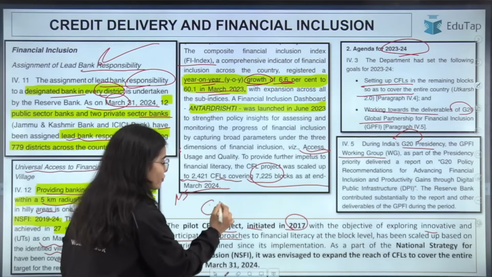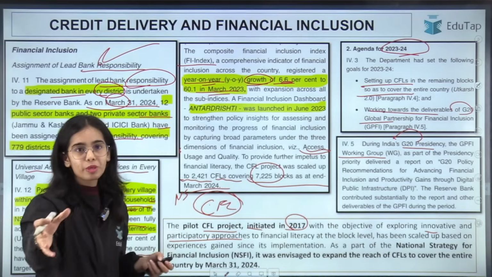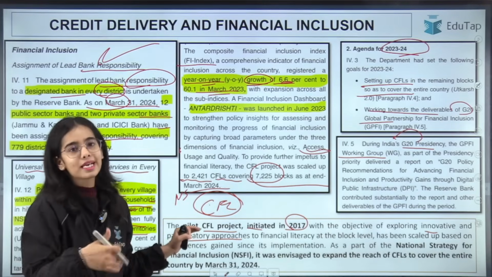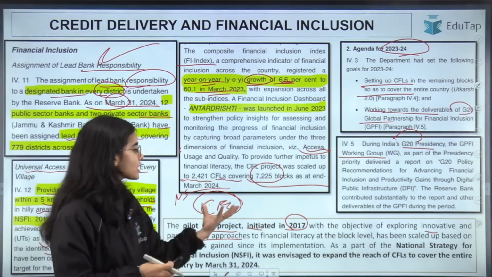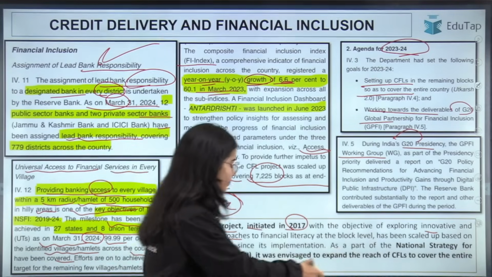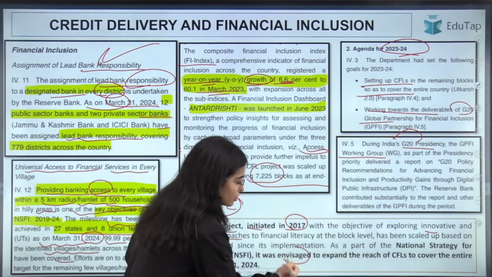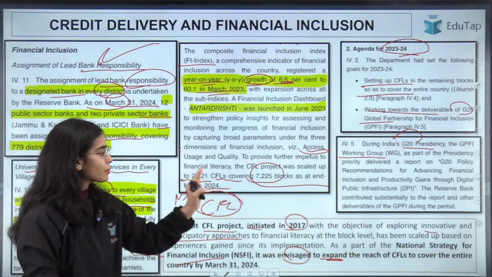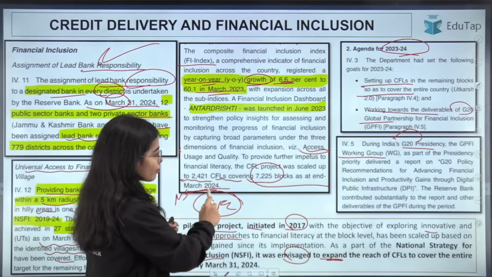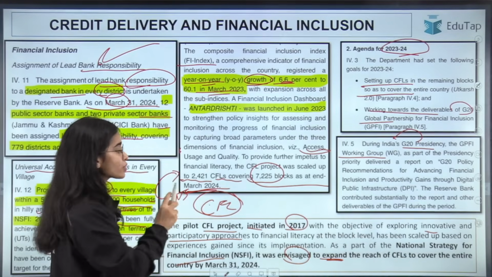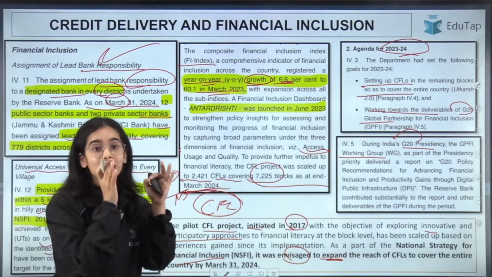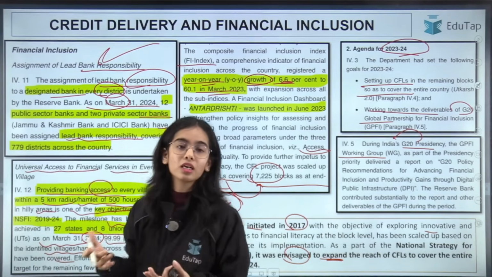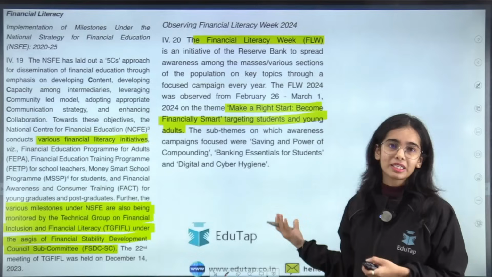It gained popularity, and more CFLs were created. As part of NSFI, the CFLs were expanded, and by the end of March 2024, 2,421 CFLs have been established covering 7,225 blocks. That is again an achievement.